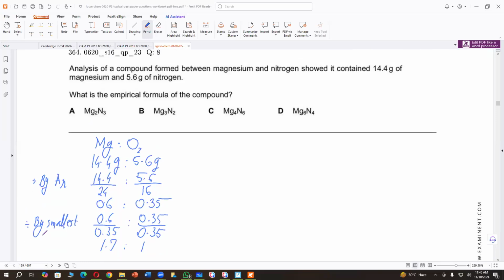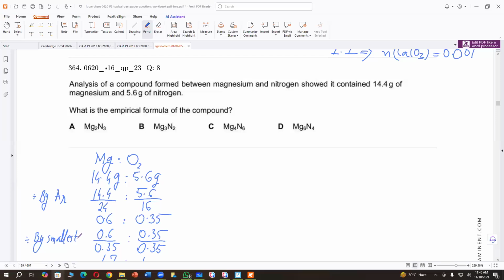Oh, there is a mistake. Look, can you read what is 5.6 gram of what? Read the question and see what is the element of 5.6 gram.